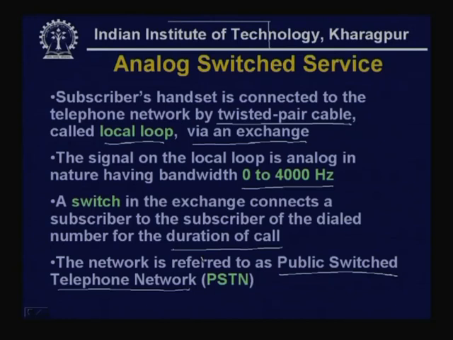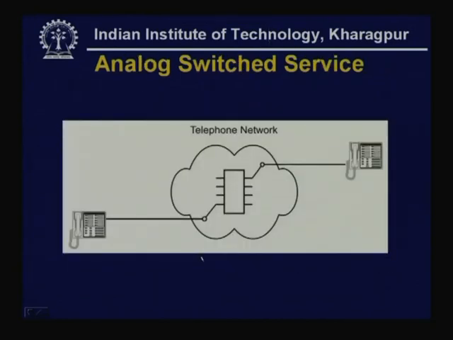Why? That will be clear from this diagram. Here you see we have a handset at home, and there is another handset in a neighboring home that is connected through a telephone network. In the simplest case, it can be the local exchange, and these two telephones can be connected to the local exchange using two local loops. These are twisted pairs of wire.